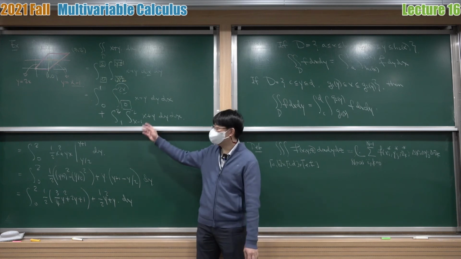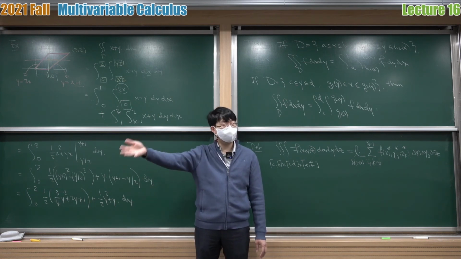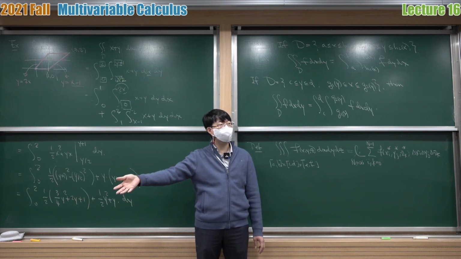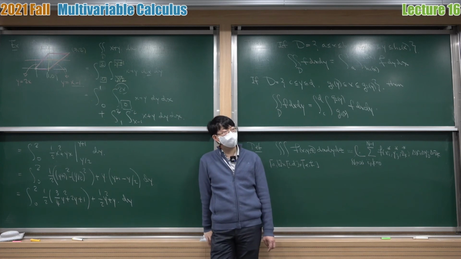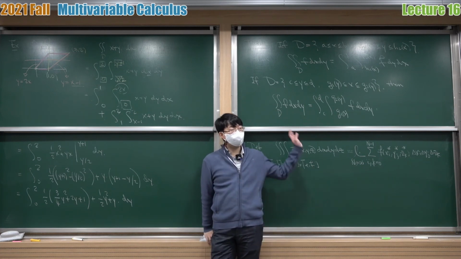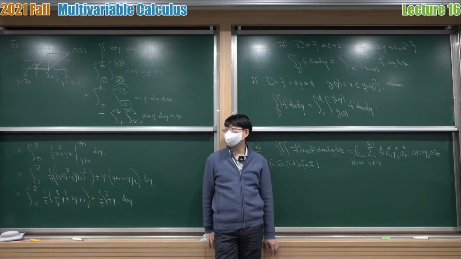So we have discussed the double integral. What does it mean? The double integral is a number. What does that number represent? Forget about the triple integral. What does the value of the double integral represent?